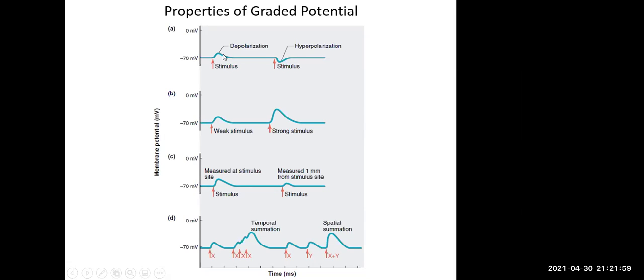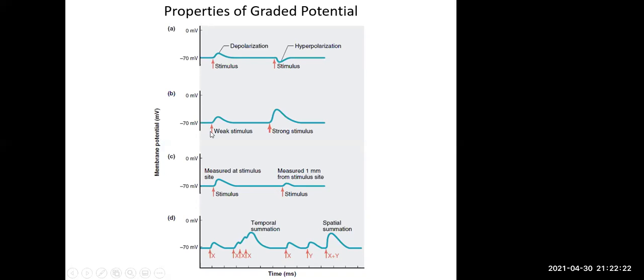So depolarization and hyperpolarization depend upon the type of channel opened. If the sodium channel is open, you find depolarization. If the chloride or potassium channel is open, you find hyperpolarization. Depolarization can later produce an action potential; hyperpolarization will produce inhibition.